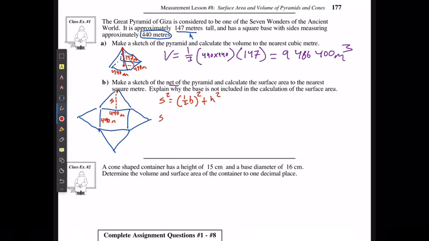which means that the slant height, when I'm solving this, is going to equal 220 squared plus 147 squared.